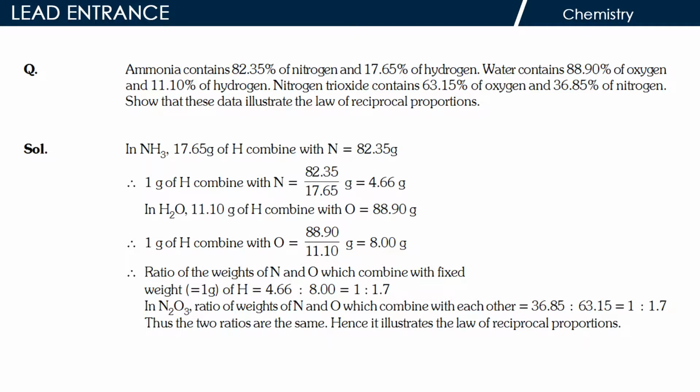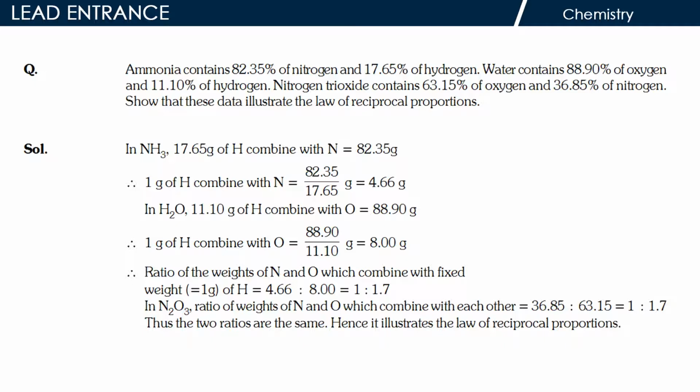Solution. In ammonia, 17.65 gram of hydrogen combined with nitrogen equal to 82.35 gram. Therefore 1 gram of hydrogen combined with nitrogen equal to 82.35 divided by 17.65 gram, which is equal to 4.66 gram.